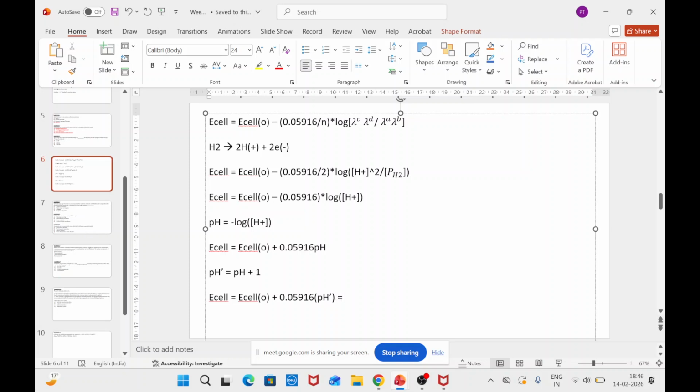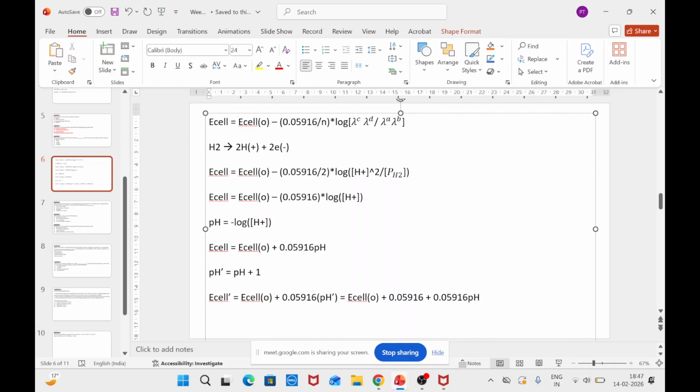So that can be written, letting this be E cell prime, as E cell prime equals E cell naught plus 0.05916 plus 0.05916 pH.